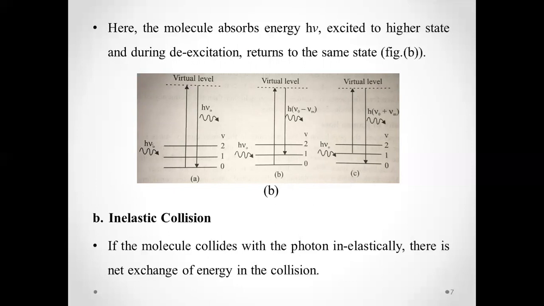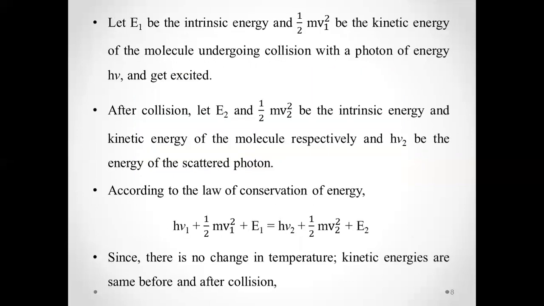Then, coming to the inelastic collision. In inelastic collision, if the molecule collides with the photon inelastically, there is net exchange of energy during collision. If E1 is the intrinsic energy and half m v1 square is the kinetic energy of the molecule undergoing collision with the photon of energy h nu and gets excited.